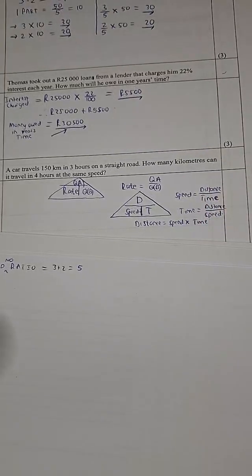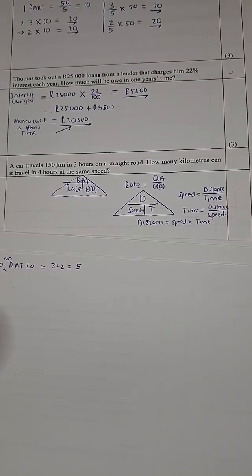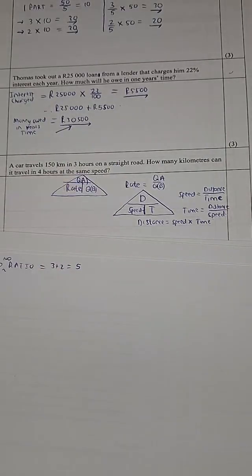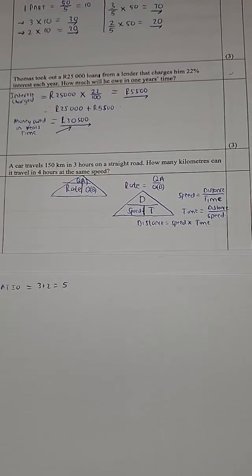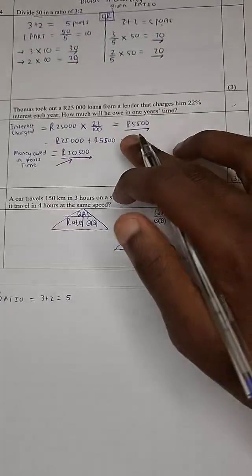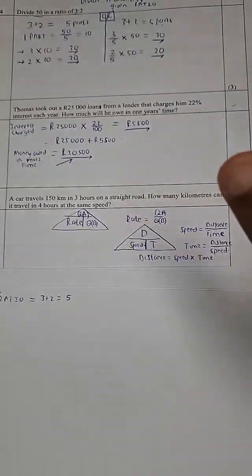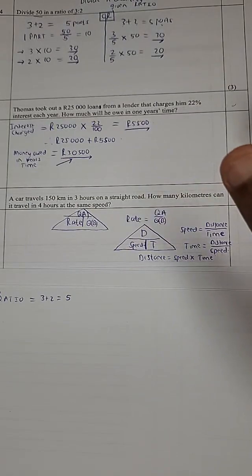So I'm just sharing this as information. This is not how we answer, but I'm sharing this with you because here what we are dealing with is rate. Above we were dealing with percentages, just financial maths.